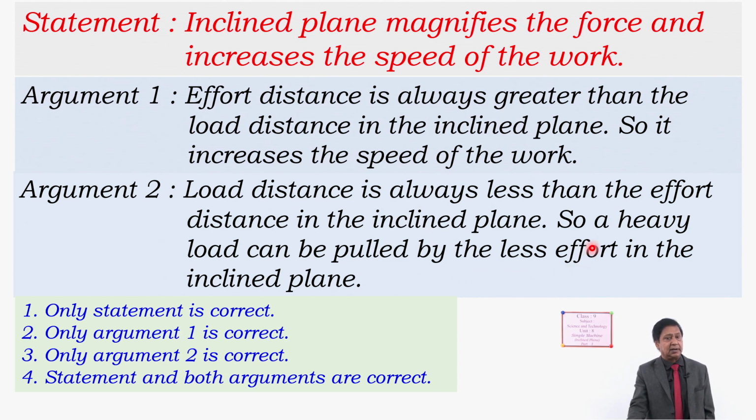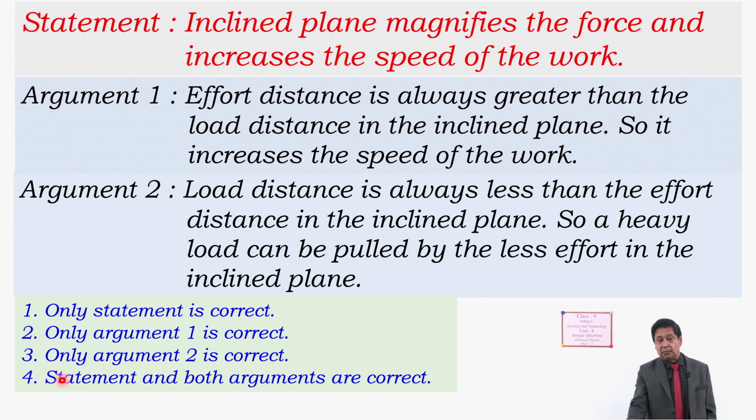Yes, this is also correct because load distance is less, effort distance is more. If effort distance is more in any simple machine, then less effort will be able to raise a heavy load. Effort is magnified. This option is correct. It means the second argument is correct, so option number 3, only argument 2 is correct.